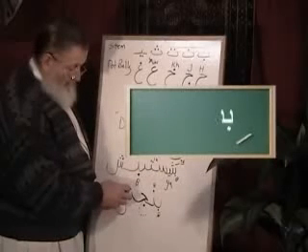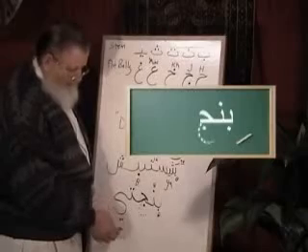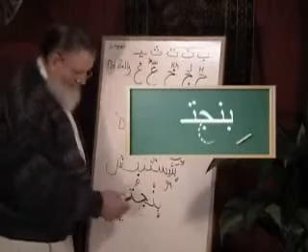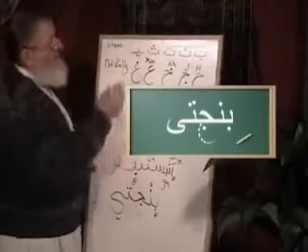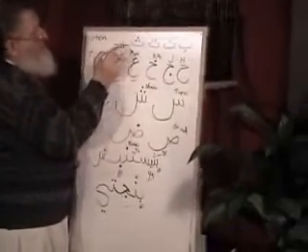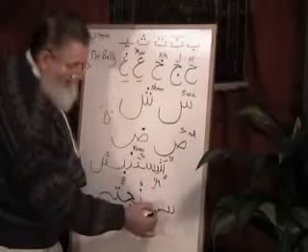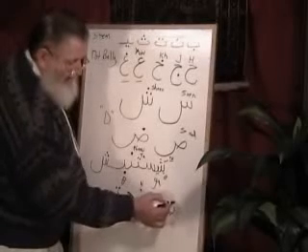Now, we're going to put two over here. We've got two down here. Now, wait a minute. What's this? Well, we're finding out now that ya, which I'm showing you up here, looks like this with the stem only when it's in a word like this.